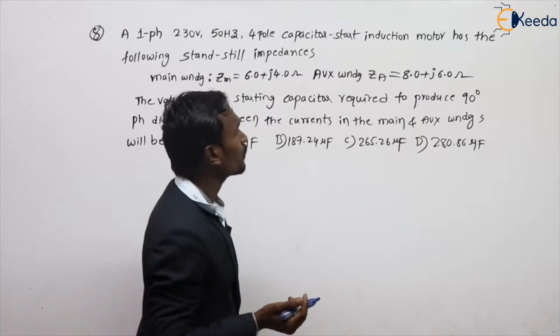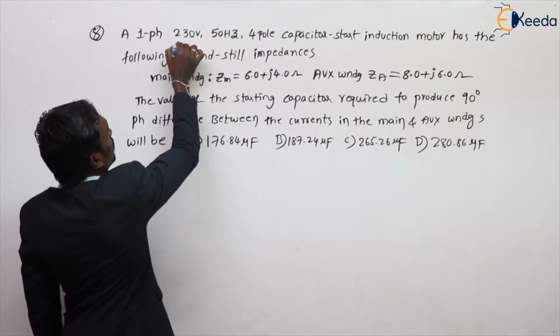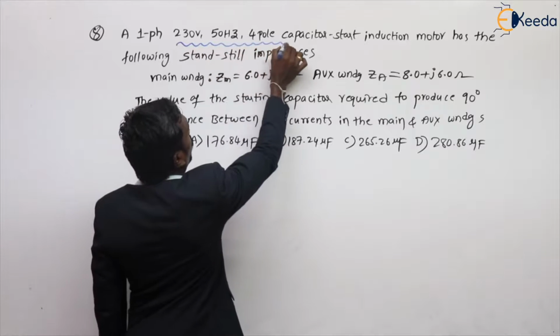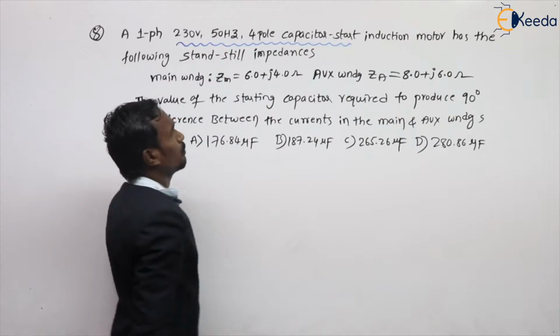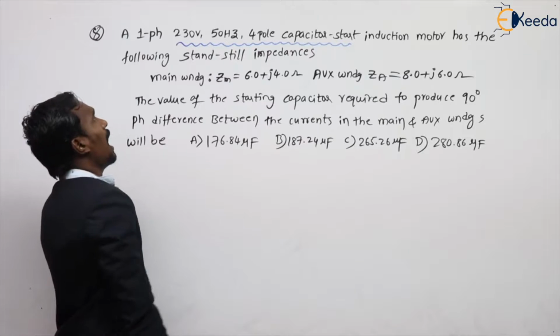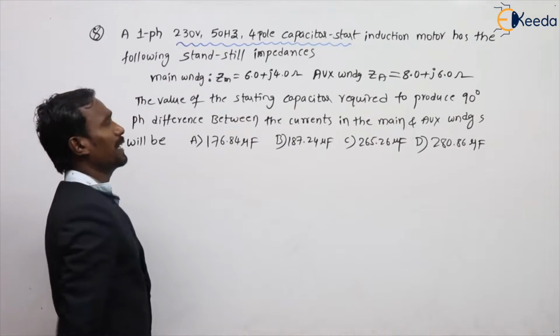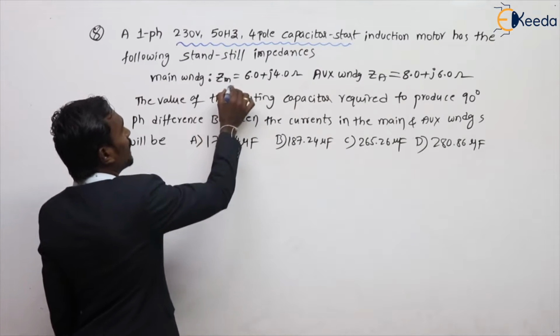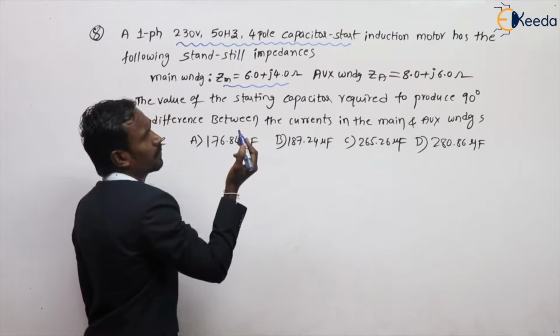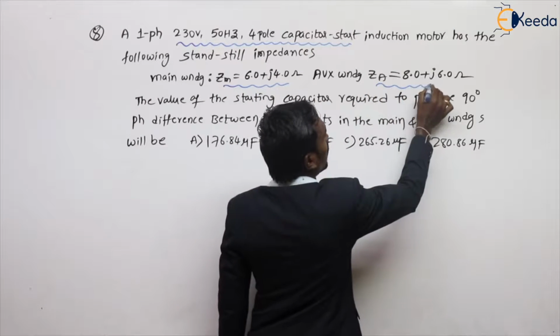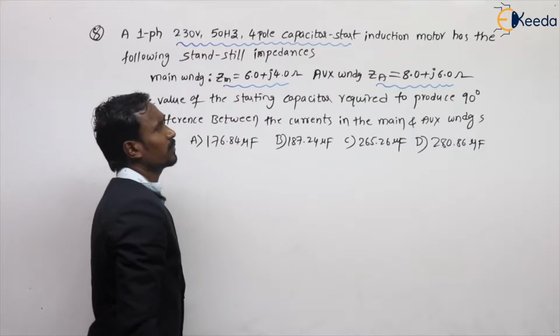Listen carefully. A single phase 230 volts 50 Hz 4 pole capacitor start induction motor has the following standstill impedances. Main winding impedance they given, auxiliary winding impedance also given.